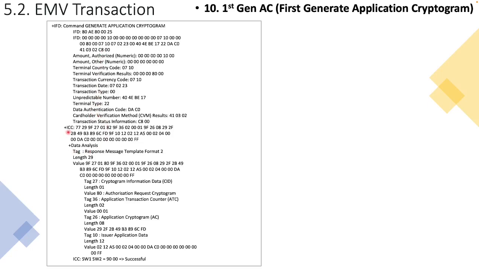Okay, you look at the ICC. So this is what the card responds with. Okay, so tag 9F27 with the length indicator, and then it says here's what I think we should be doing, right? And if you analyze the string of data, if you look at the data analysis, you'll see that tag 9F27 is the CID, cryptogram information data, and the value of 80 that we see is an authorization request cryptogram.